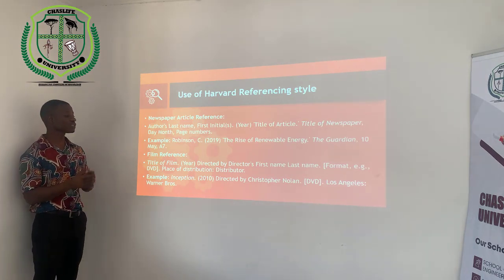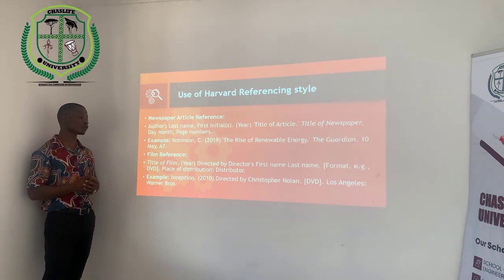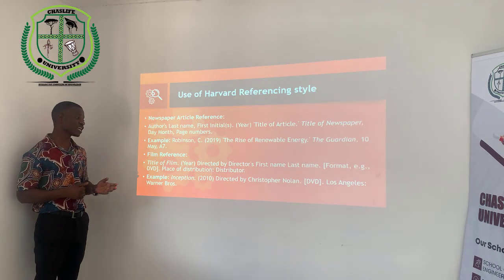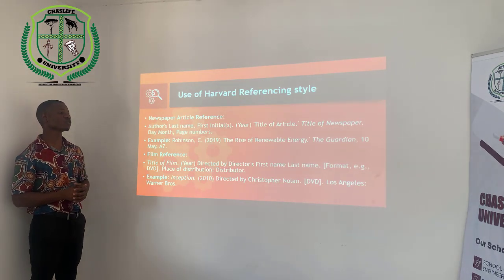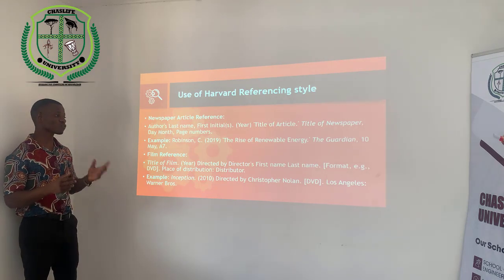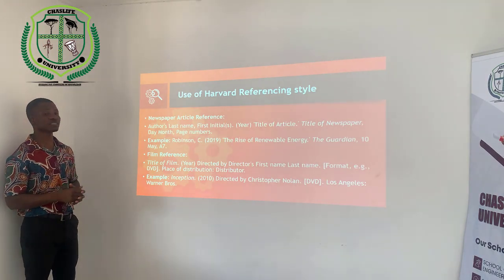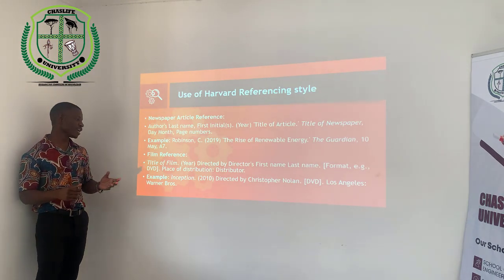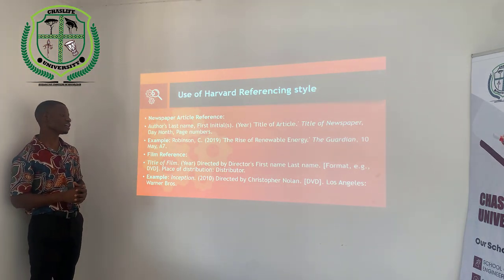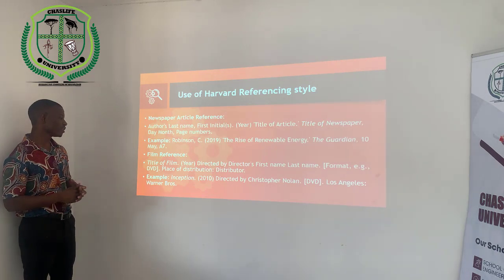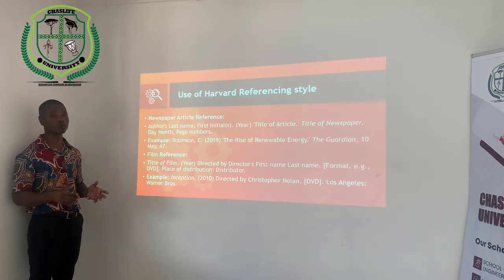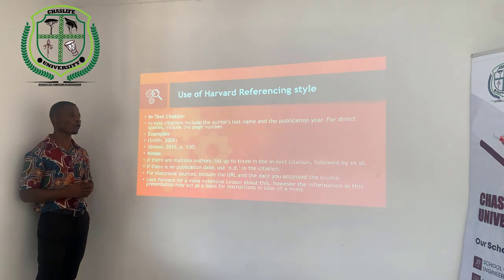The title of the movie is Inception, and then the year it was produced, 2010, directed by Christopher Nolan. So that was the director, Christopher Nolan, and then we look at the format. The format is DVD. And then the place was Los Angeles, and then we have the distributor, who is Warner Bros.